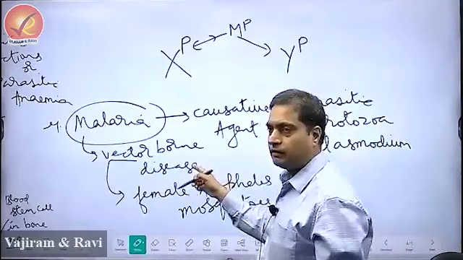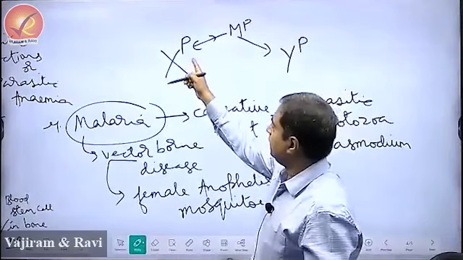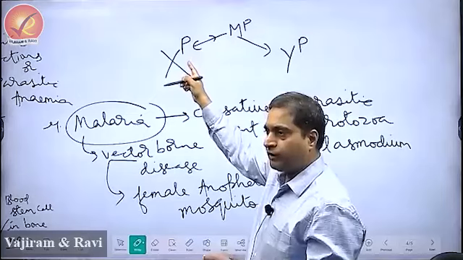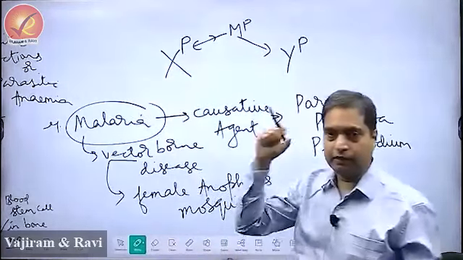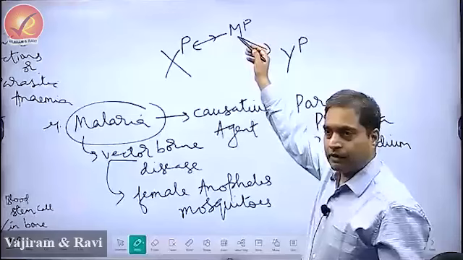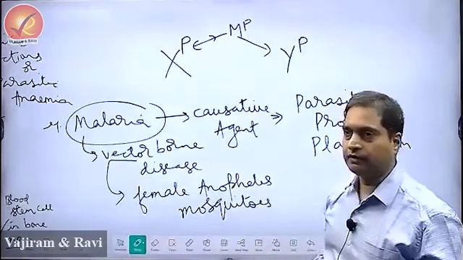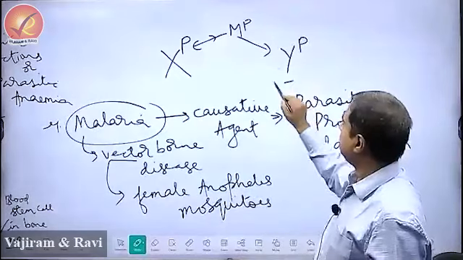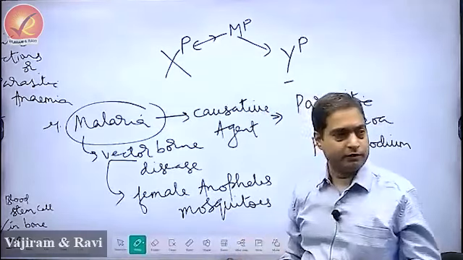Vector or carrier to carry the infection. While sucking the blood, the mosquito will also get in what? The Plasmodium P. So mosquito acting as a vector, as a carrier to transmit the malaria infection.